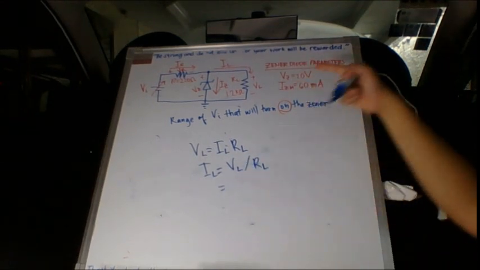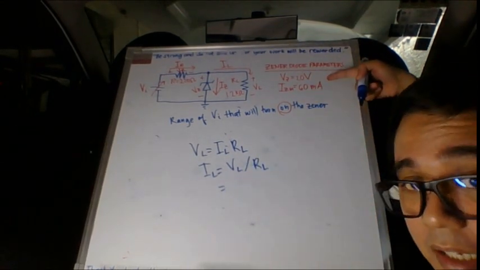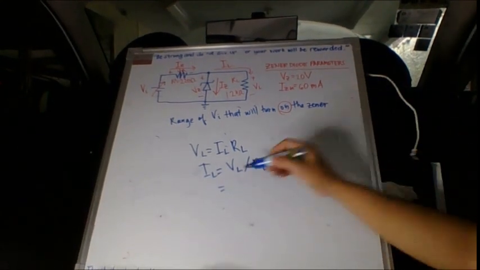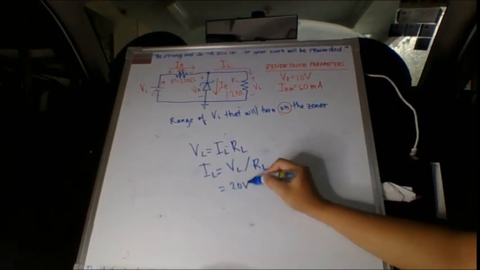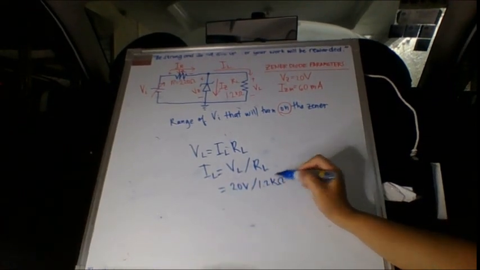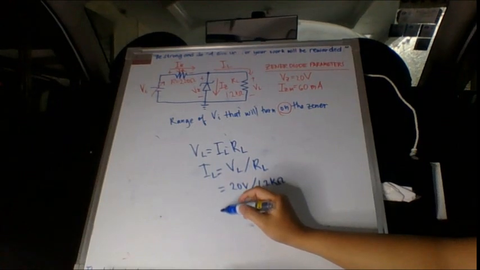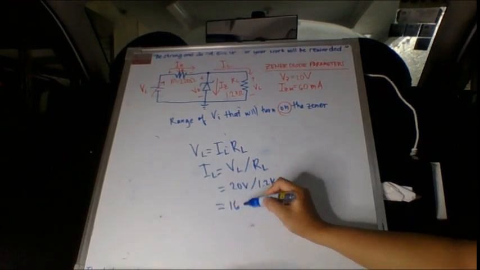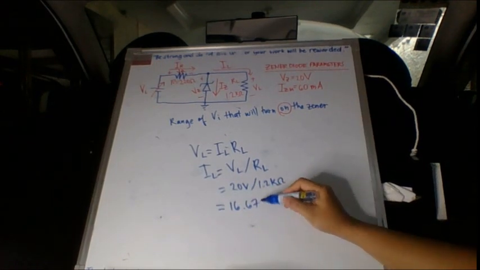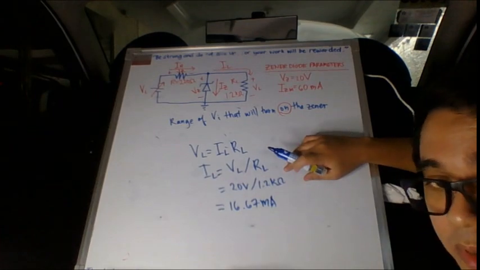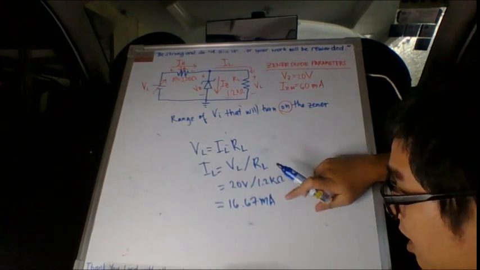Equals 20 volts. Ina-assume natin na naka-on yung ating Zener diode at nag-regulate siya. We have 20 volts divided by 1.2 kilo ohms. Therefore, your load current is equal to 16.67 milliampere. So again, nag-divide tayo ng volts sa kilo ohms. Automatic, we will have milliamperes.